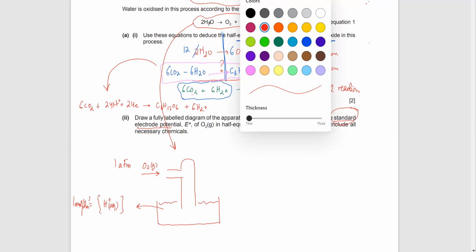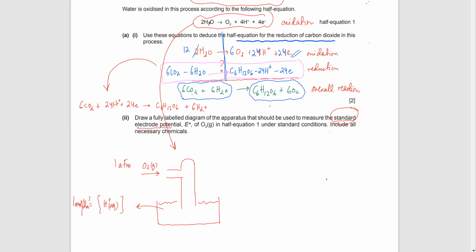So these are all the ingredients for half equation 1. Oxygen gas, H plus 1 ions in the solution, and there's water, obviously, because H plus 1 is aqueous. And you would need a platinum electrode. The purpose of the platinum electrode is that if anyone wants to gain electrons or lose electrons, they can do it on the platinum electrode.